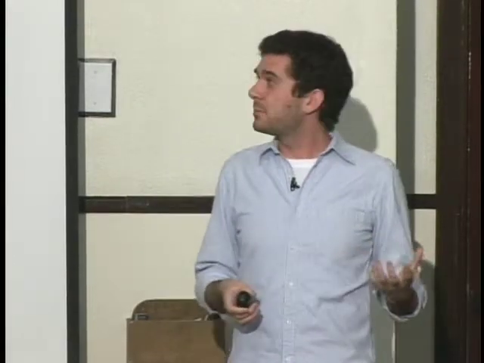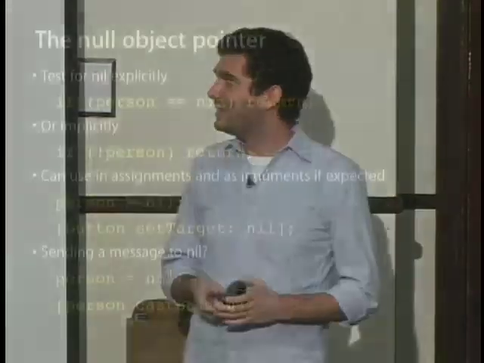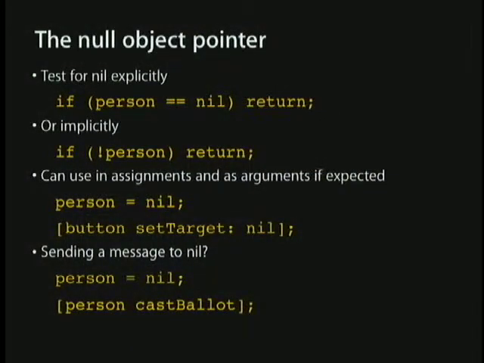The other thing that's been introduced with Objective-C, that's a new type, is the null object. It's nil. It's basically always just 0 typed as an ID. You can compare it against an object to see if that object is valid, assuming you've initialized the object to nil. You can just implicitly do not person.